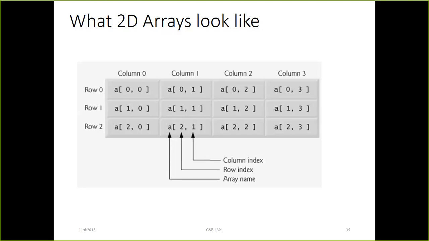And for all second column, I have index 1, 1, 1. And then here, 2, 2, 2. Do you understand? This way I can expand number of rows and number of columns. Okay?